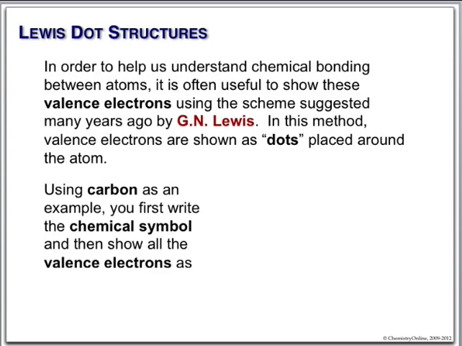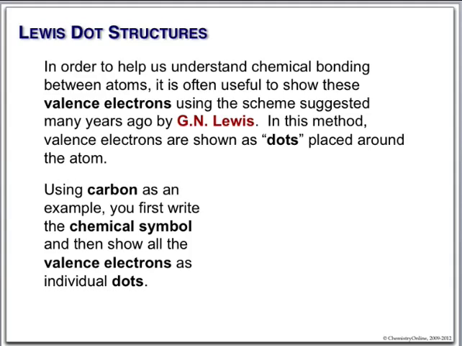To show this process, a gentleman by the name of Lewis came up with a method. Now this was like in the late 1800s, long time ago. Very smart man. But to explain bonding, he said what you want to do is simply look at the valence electrons in an atom.